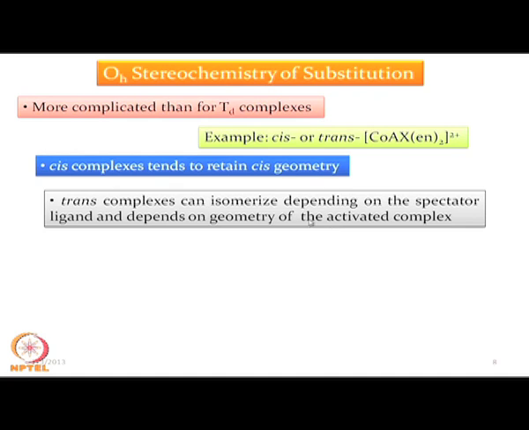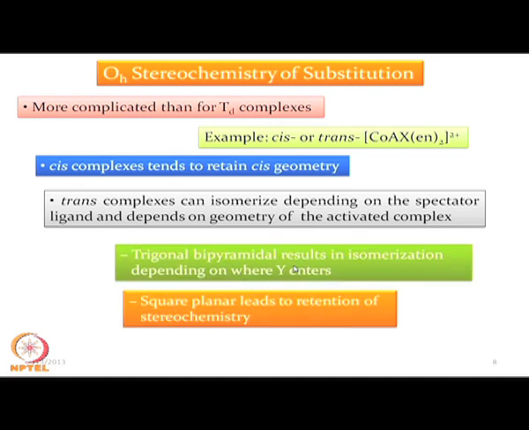In some cases it can retain the cis geometry, or in other cases it can go for a change in the configuration of the system. And in trigonal bipyramidal geometry, in most cases it goes for isomerization depending on where the Y enters, and in square planar geometry it leads basically to retention of the stereochemistry.